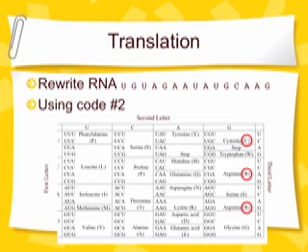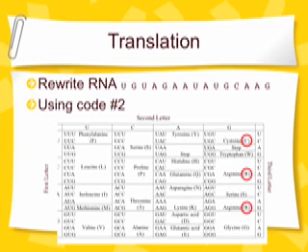Then at the top of the table, we have different columns, and each column represents the second letter. The second letter is a G, so now we are in the G column, and we can see that UGU represents cysteine, which is represented by a C.